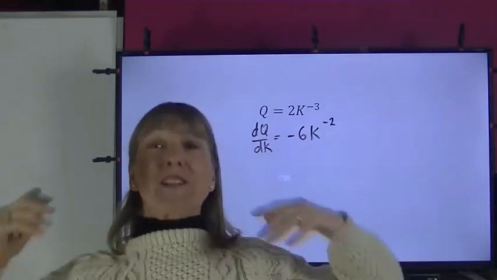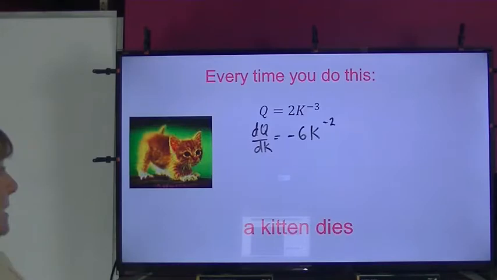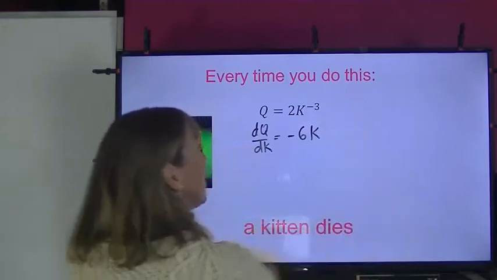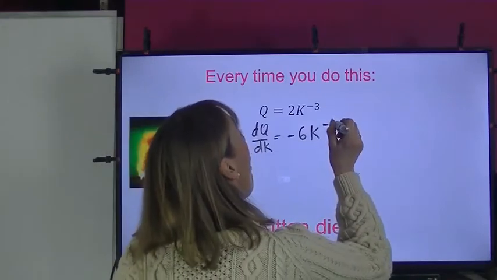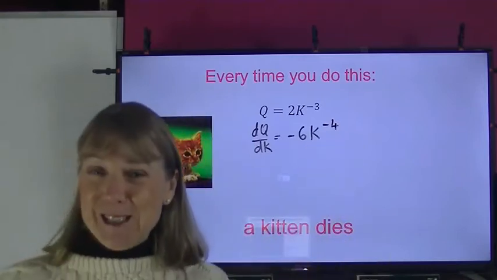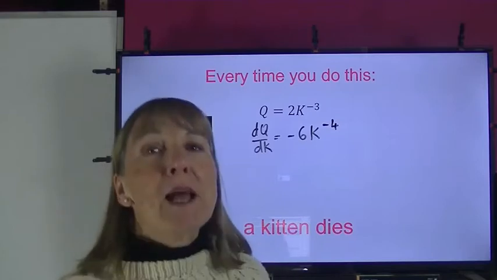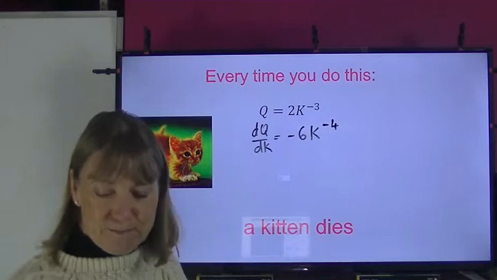And not only is that wrong, that's very serious. Why is that wrong? It's because minus 3 minus 1 is minus 4. So please don't do that. It's one of the common mistakes of differentiation. Minus 3 minus 1 is minus 4. It's going more negative than it was.